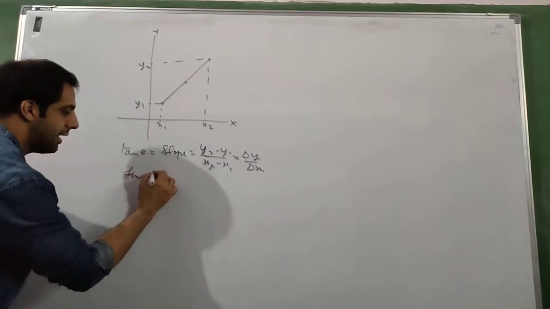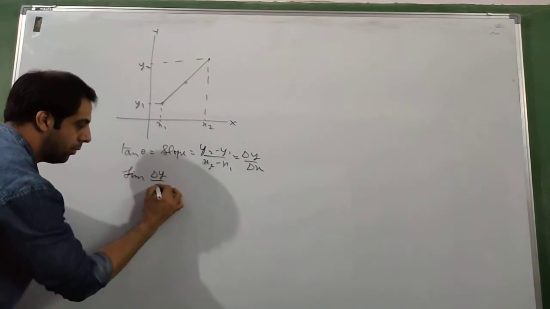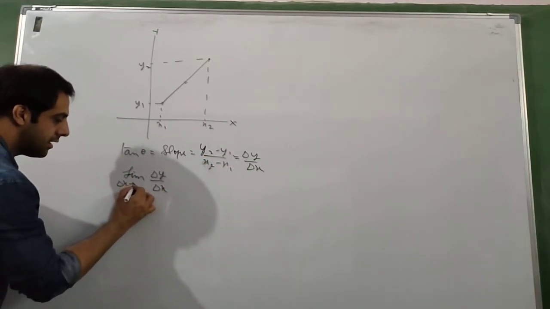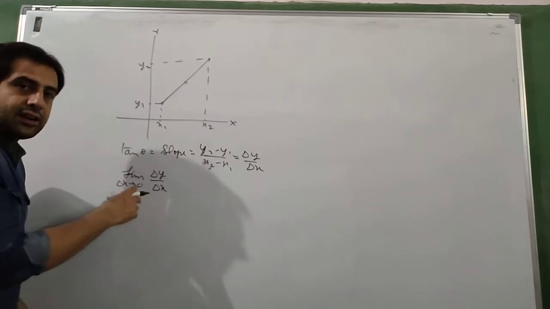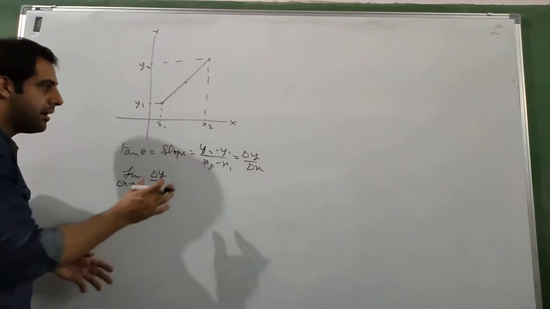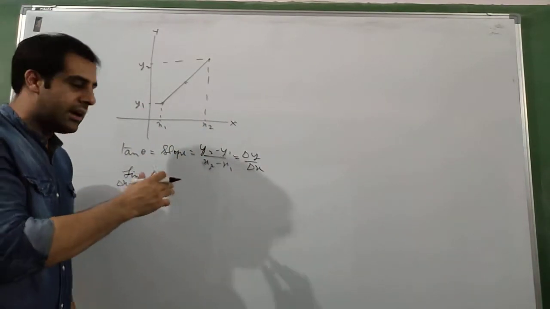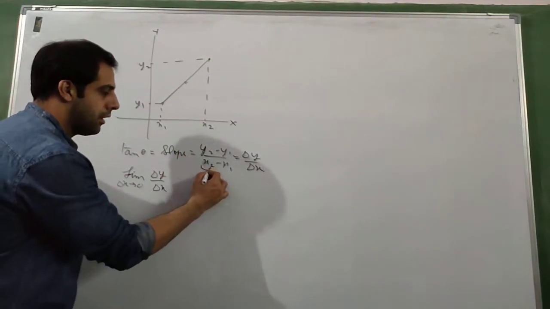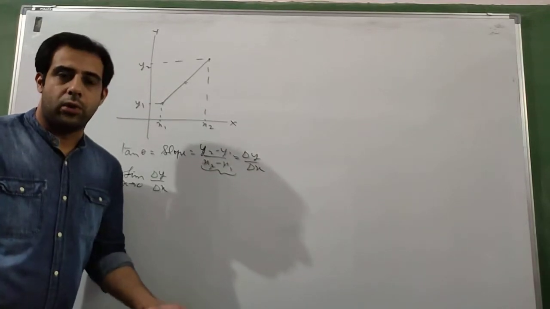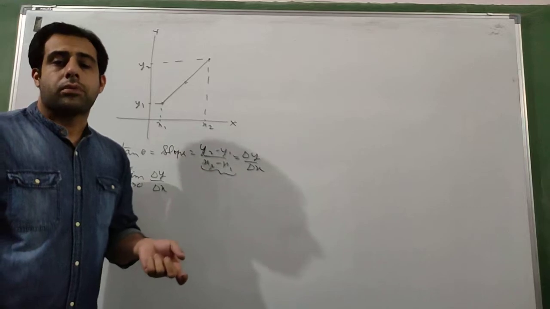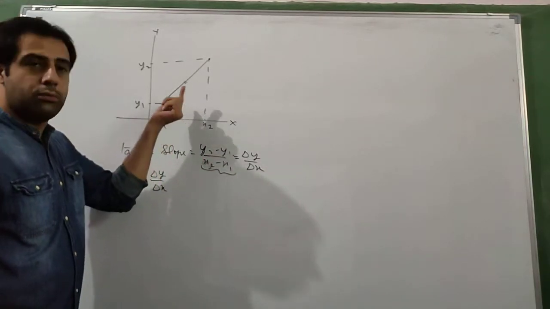So we are applying a limit on the slope that we calculated here, and the limit is that delta x is tending towards 0. What it basically meant is that x2 and x1 are coming so close together that the difference between them, x2 minus x1, is becoming equal to 0. Both are almost the same point.